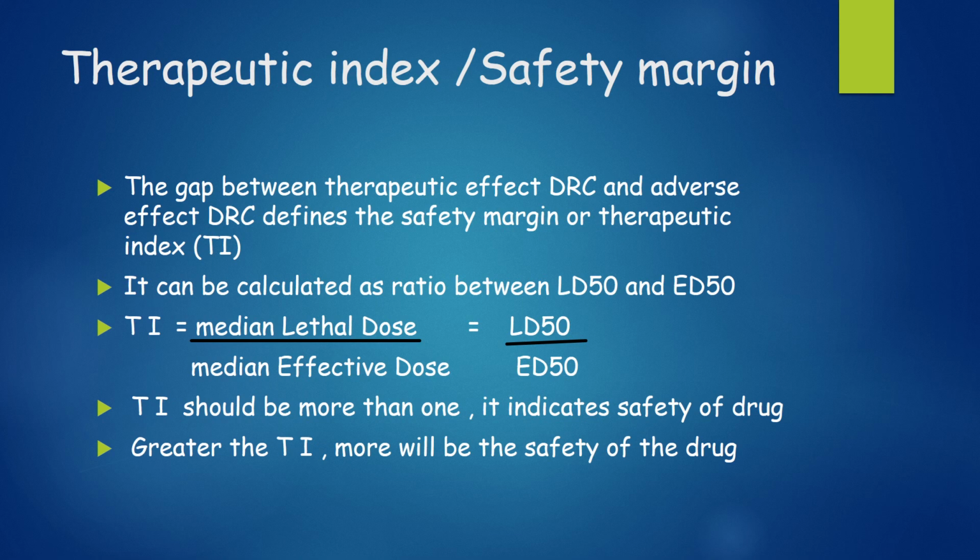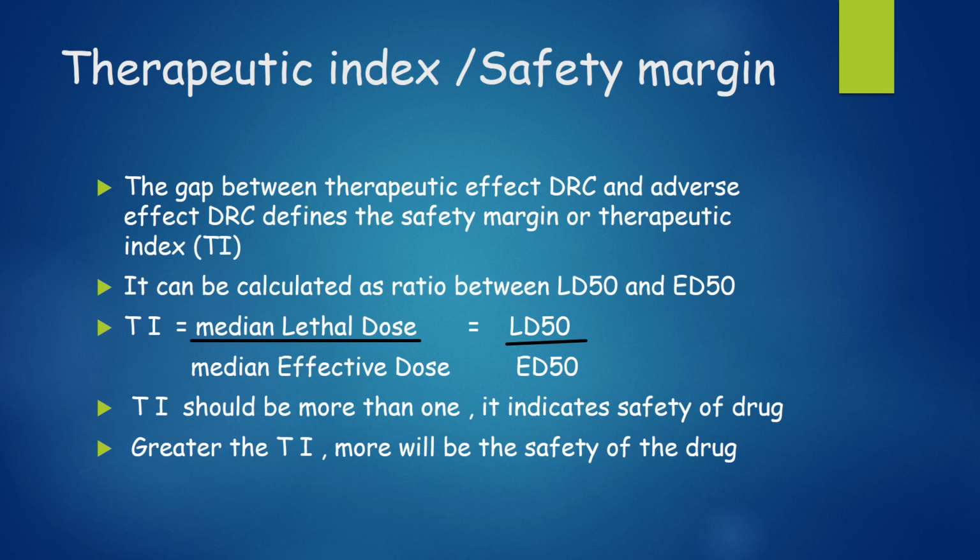So we plot a graph of the therapeutic effect and also a graph of the adverse effect, and the gap between those two DRCs is known as the safety margin or therapeutic index.